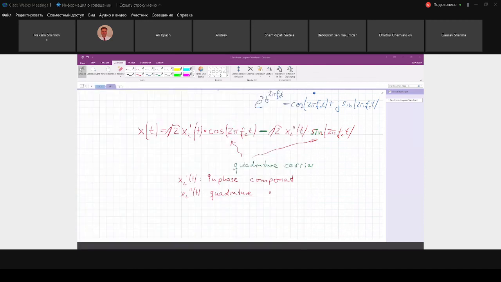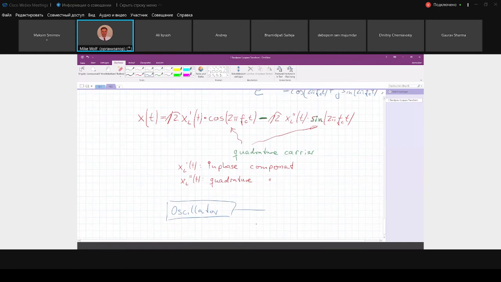Let's say you have one oscillator, and there comes a harmonic wave, but you don't know if this is cosine or sine. It just depends where the zero, the origin, the time zero is.